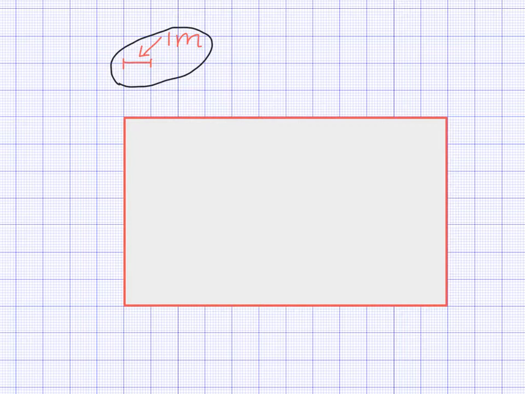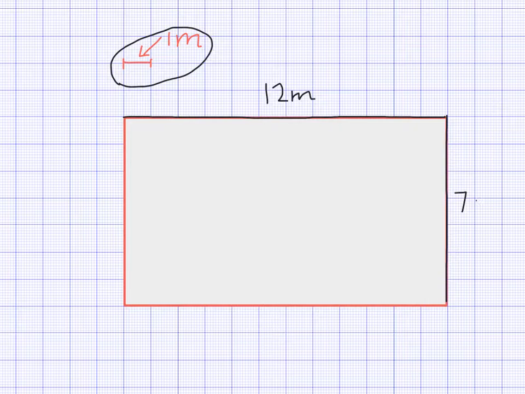Okay, so let's find the length and the width. 1, 2, 3, 4, 5, 6, 7, 8, 9, 10, 11, 12. So the length of this side is 12 metres. 1, 2, 3, 4, 5, 6, 7.